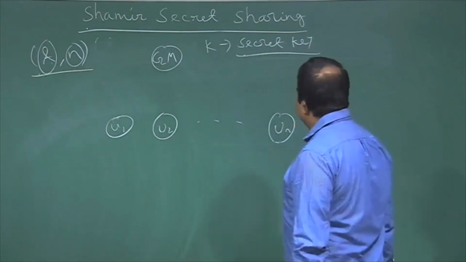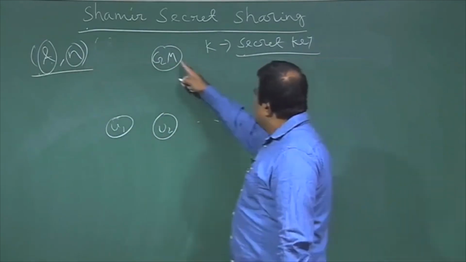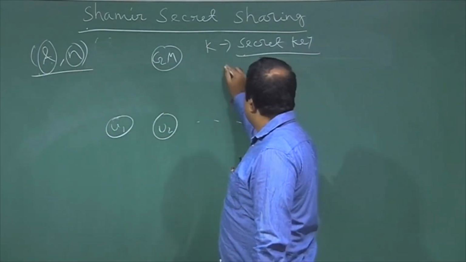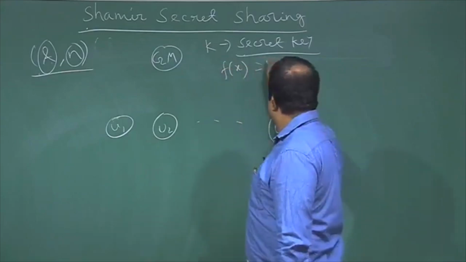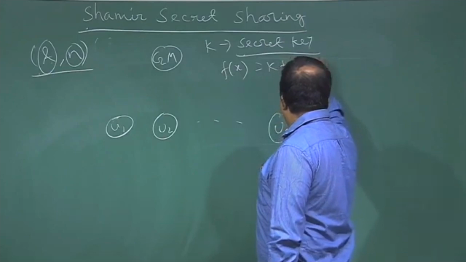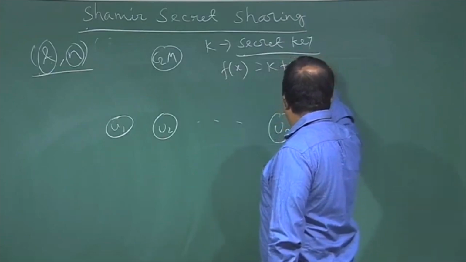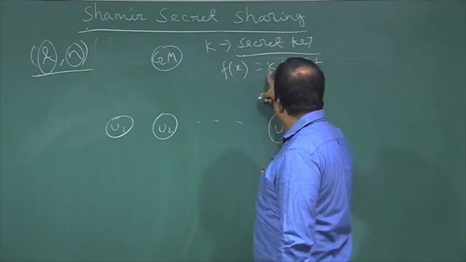So what is the scheme? The group manager or the dealer will choose a polynomial f(x) of degree t minus 1, just like this: f(x) = k + a1 x + a2 x squared + ... + a_{t-1} x^{t-1}, putting f(0) as k.